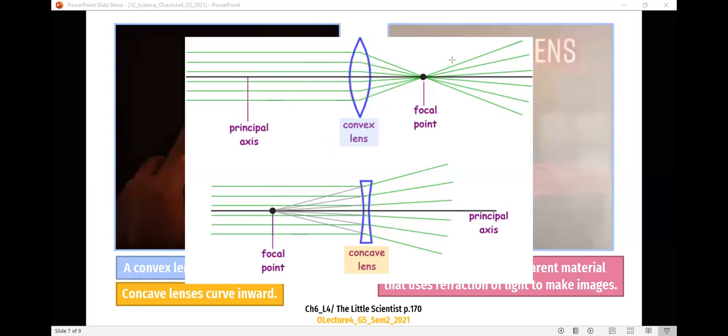Convex lenses give smaller images, and they put all the refracted rays closer to each other. The concave lenses give a large image, and they put the refracted rays away from each other. They separate them.